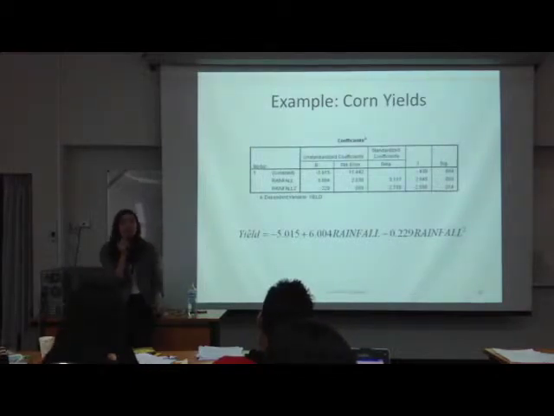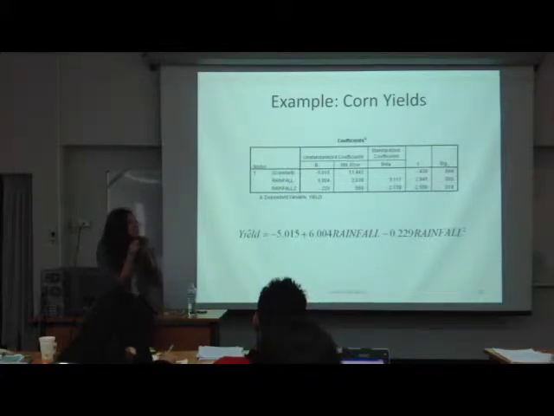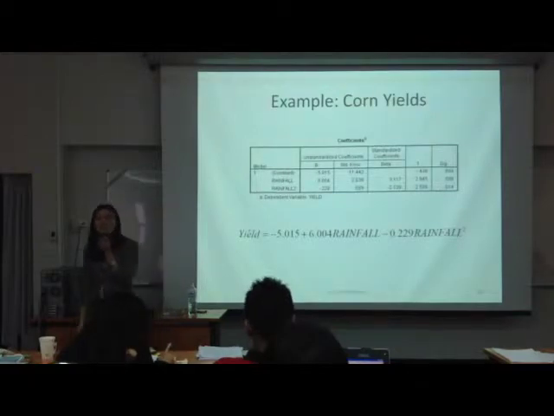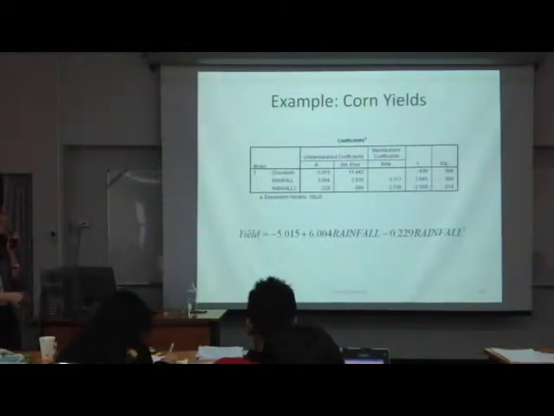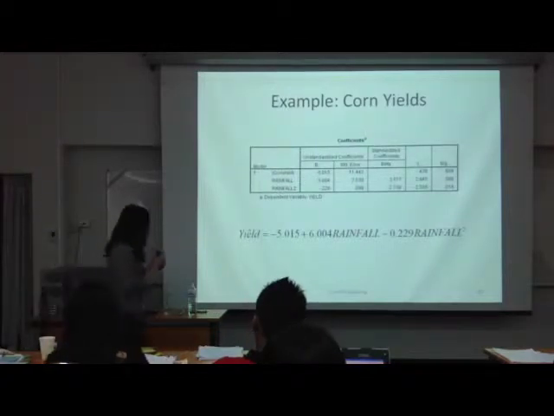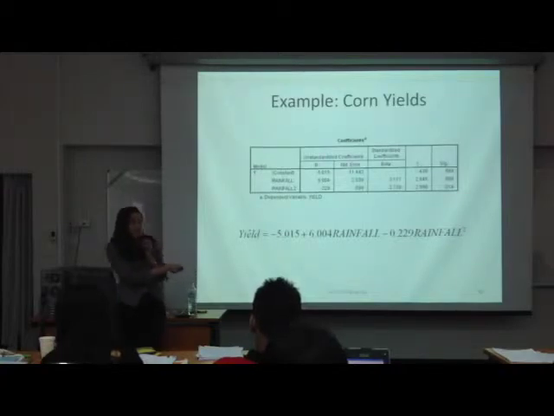Does it make sense? No, right? Can corn yield be equal to a negative value? No. But should we say that rainfall equal to 0 should have the yield equal to 0?